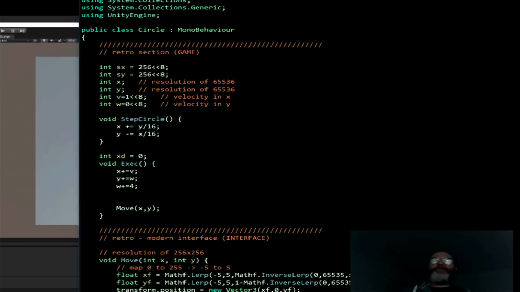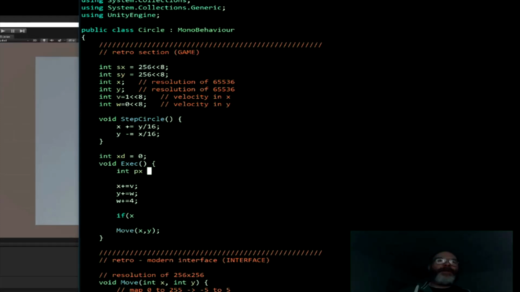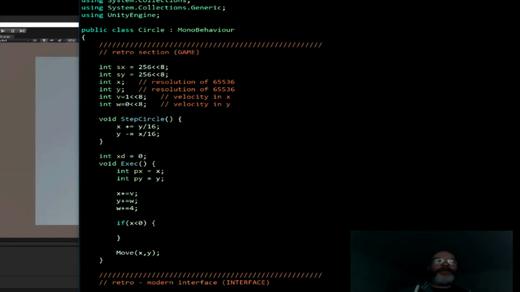So this is the screen resolution in our fixed point representation. Before I do this, I think I'll just capture the previous position, px equals x, py equals y.